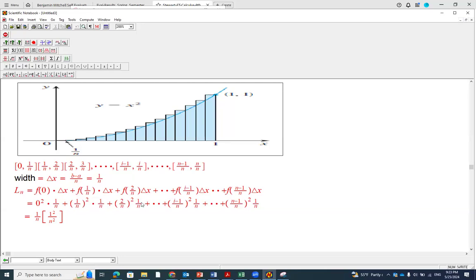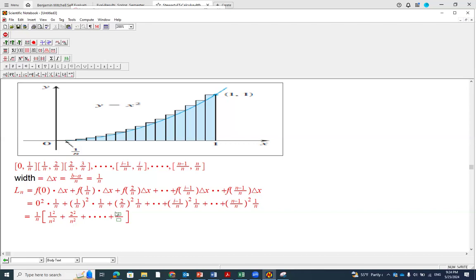The third term is 2 squared over n squared. It looks like we have a pattern here, right? And all the way we have i minus 1. So we keep adding them. Plus, we have i minus 1. Okay, let me write it down this way.